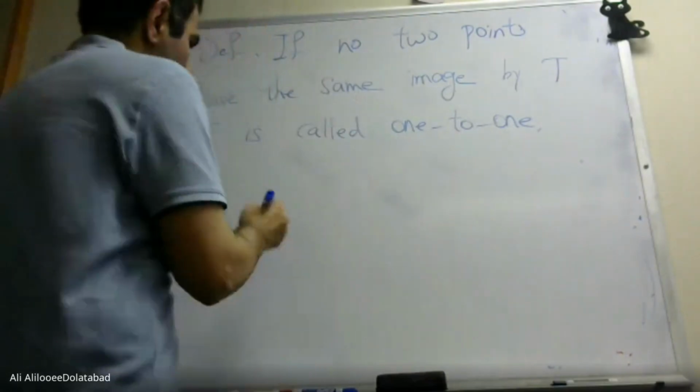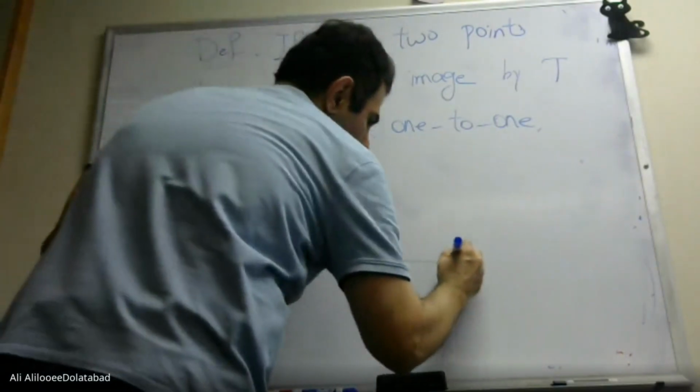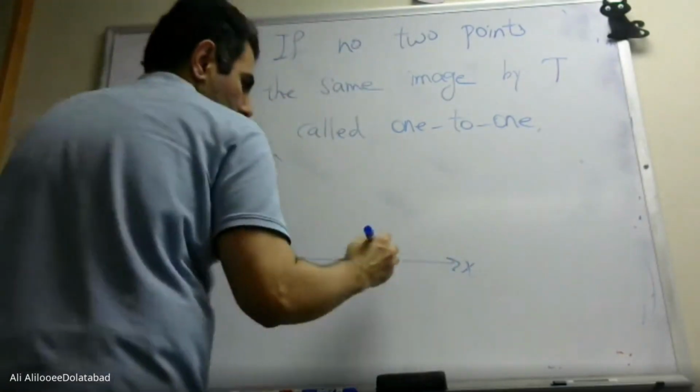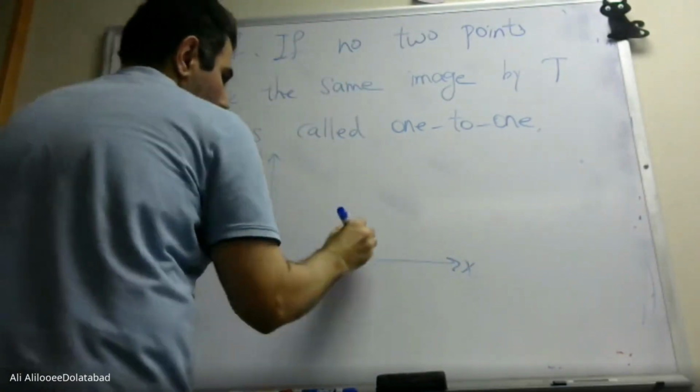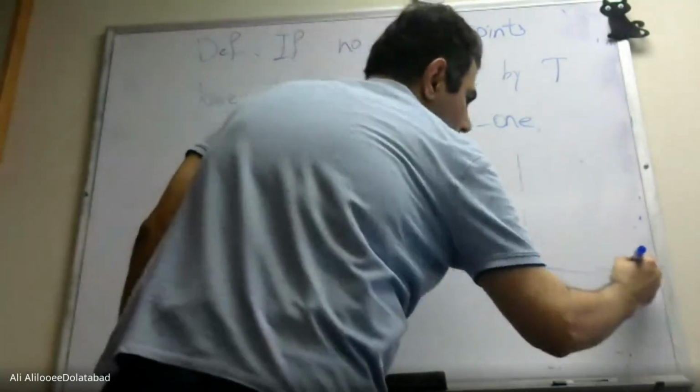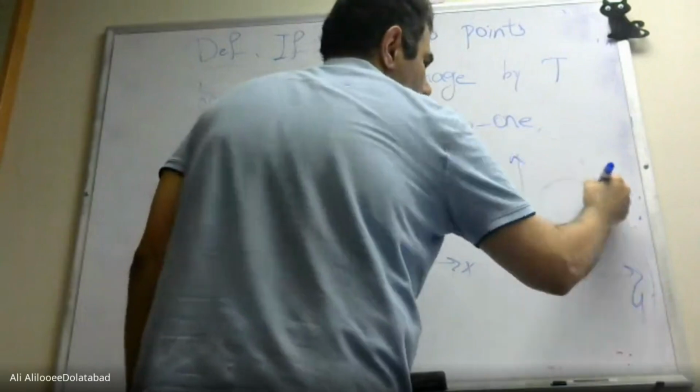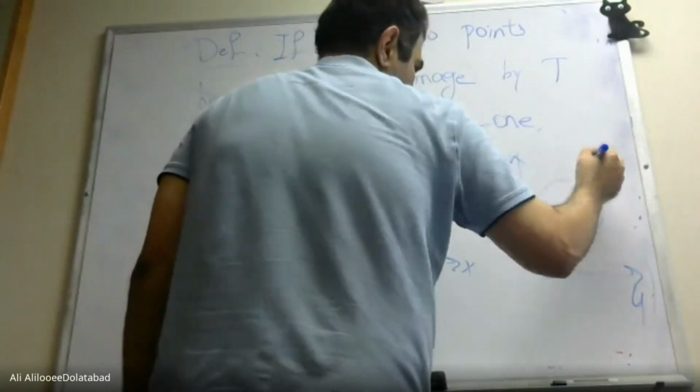Okay, so then when you have 1-to-1, let's see, you can have x, y, something like this. You can have u, v, something like this.